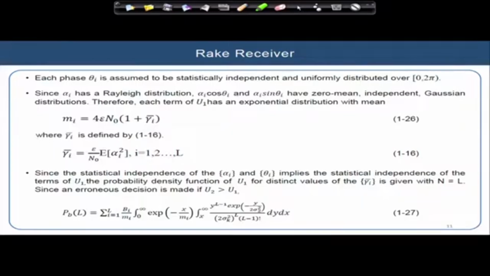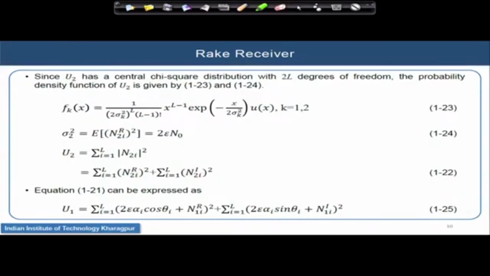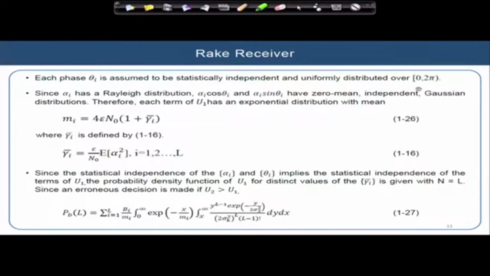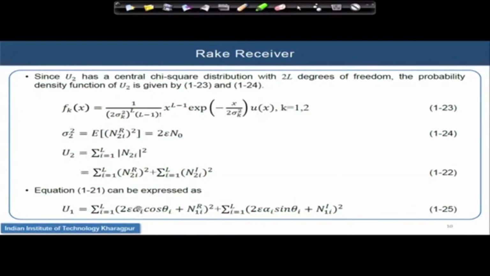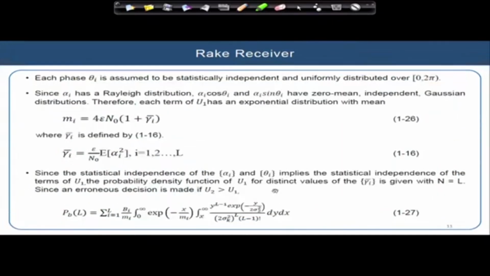Remember that in the previous slide, theta I is an unknown phase associated with the signal part, and this theta I is uniformly distributed over 0 to 2 pi. Also remember that we have a Rayleigh fading channel, so alpha I, the amplitude of the channel coefficients, is Rayleigh distributed.